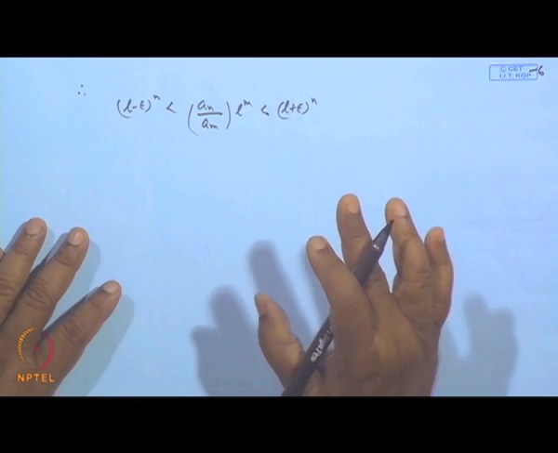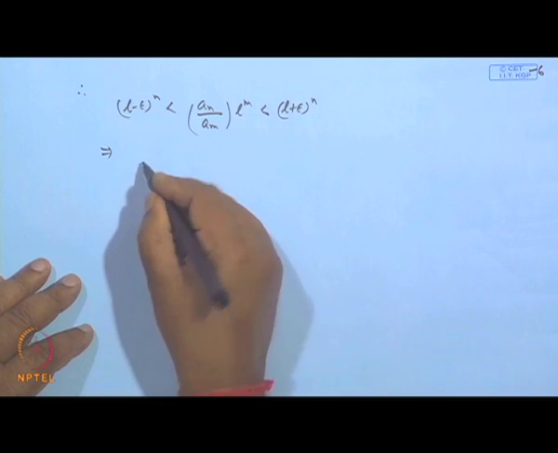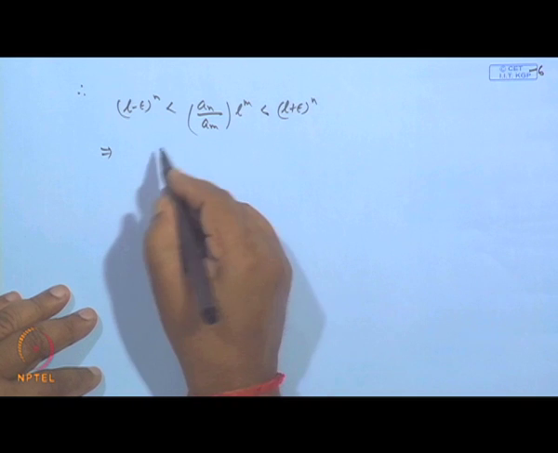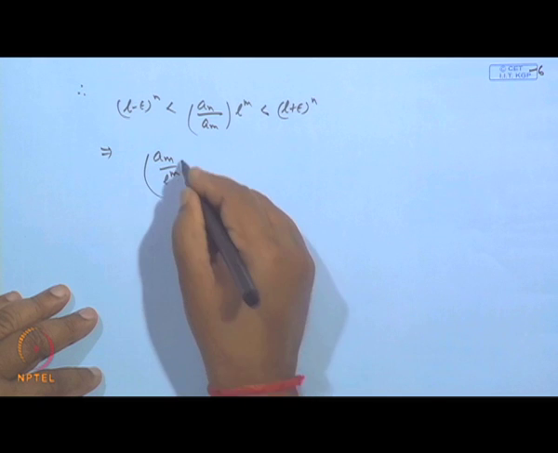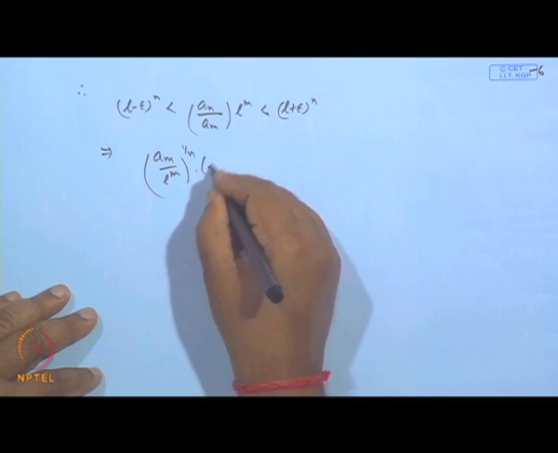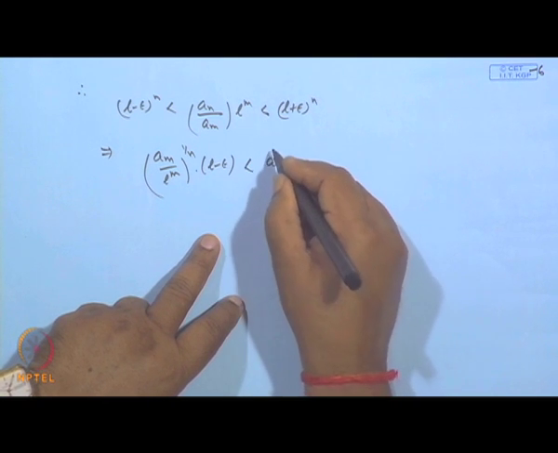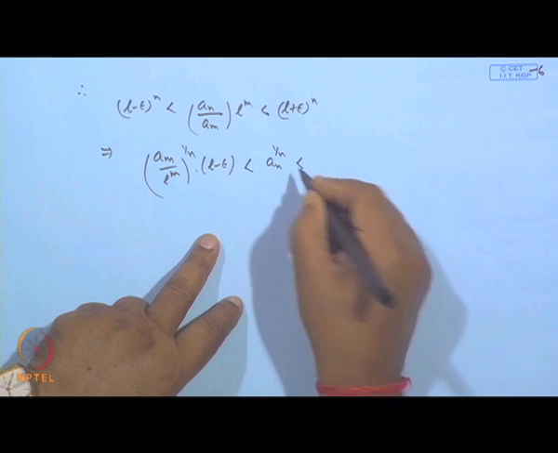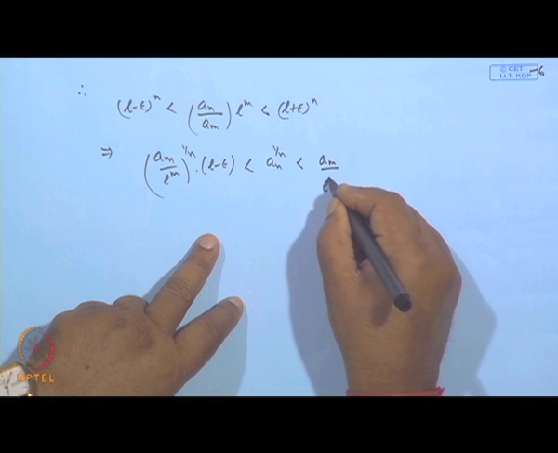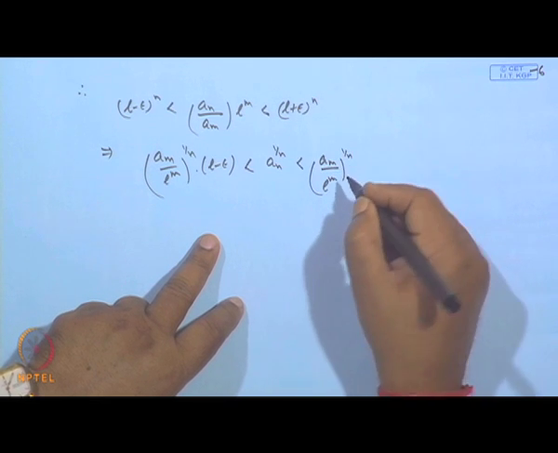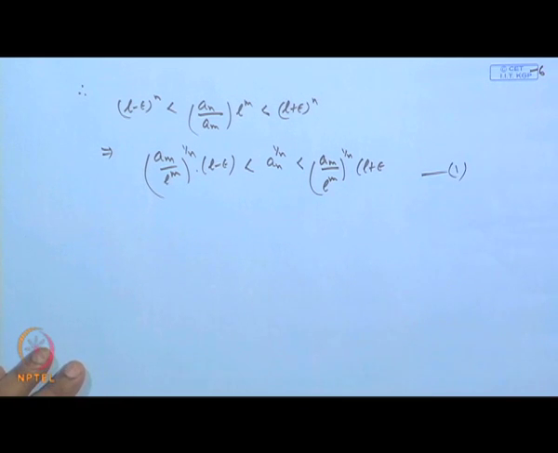Now take this term: (L minus epsilon) L times (a_m over L^m) raised to the power 1 by n is less than a_n to the power 1 by n, which is less than (a_m over L^m) raised to the power 1 by n times (L plus epsilon) L. Okay. Let it be 1.